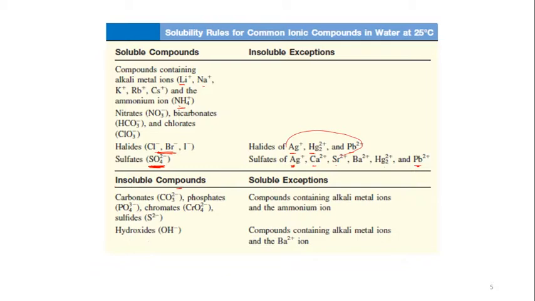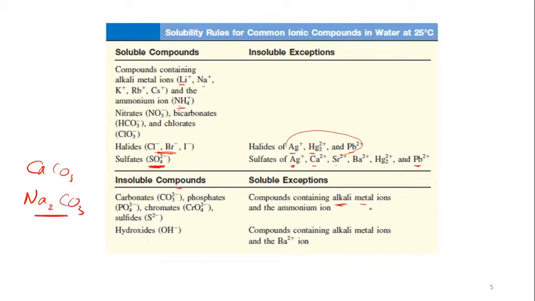Except for a few things, like carbonates that contain alkali metals. So if I have something like calcium carbonate, it will not dissolve. But if I have carbonates of alkali metals, such as sodium carbonate, it will dissolve.